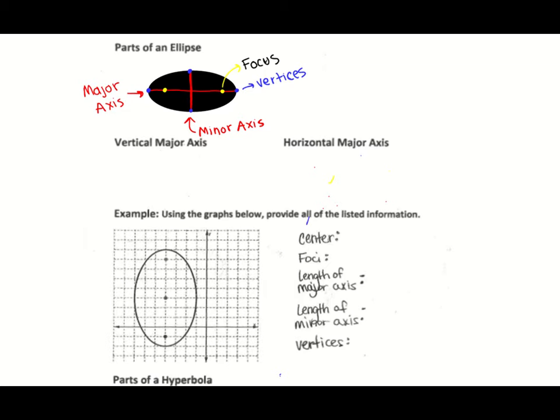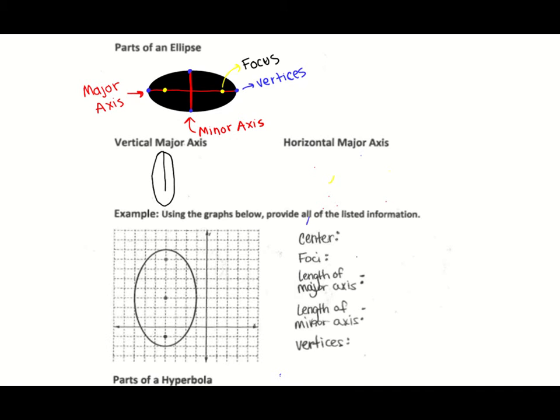Then, very similar to the parabola, we have a vertical major axis. So that means our major axis is up and down. So our ellipse looks like this.